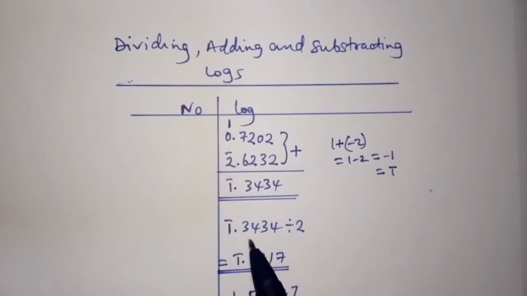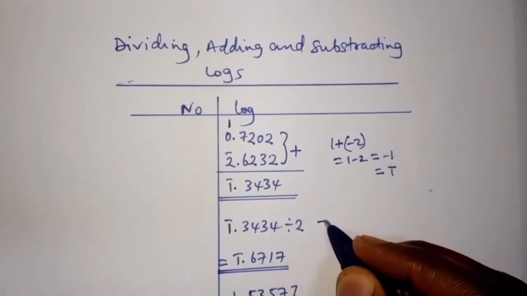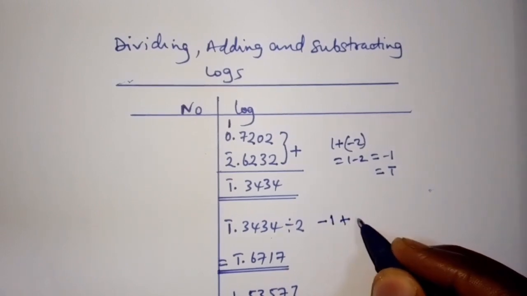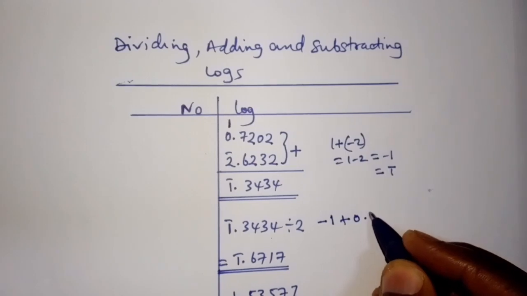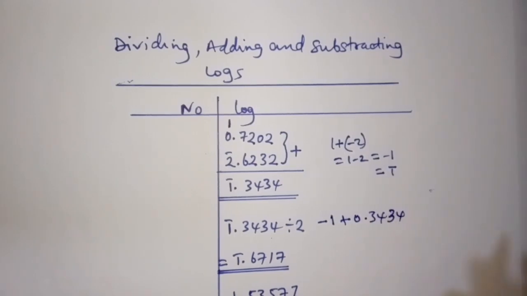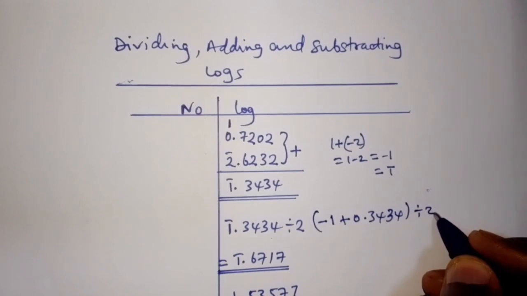How can we divide bar 1.3434 by 2? So we can write this as a negative 1 plus 0.3434 divided by 2.